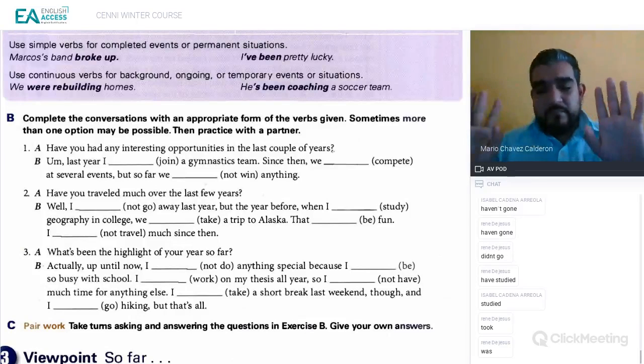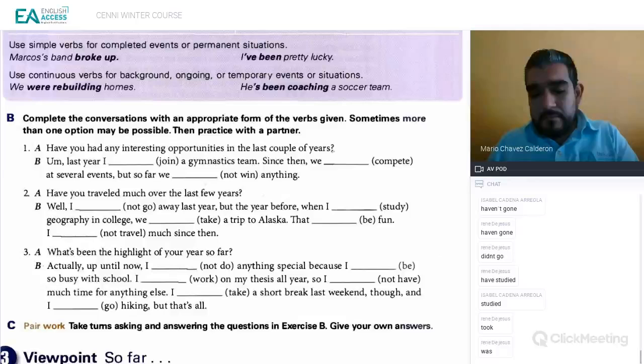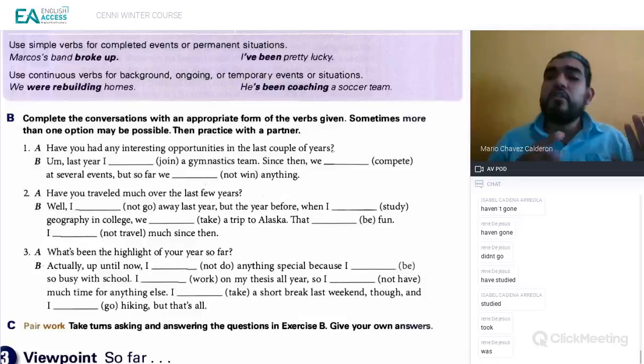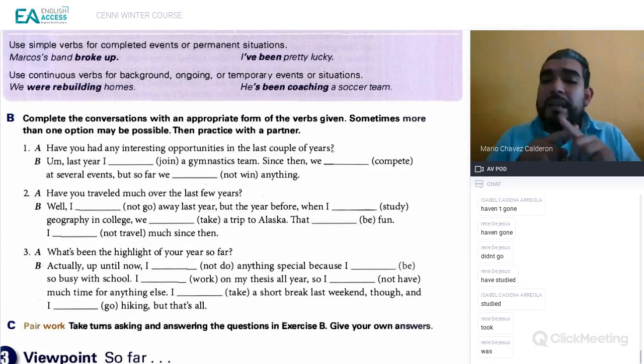Okay, look, take it easy. One of these is a background situation, and one of these is the main event. The background situation needs to go in continuous form, and the main event needs to go in simple past.